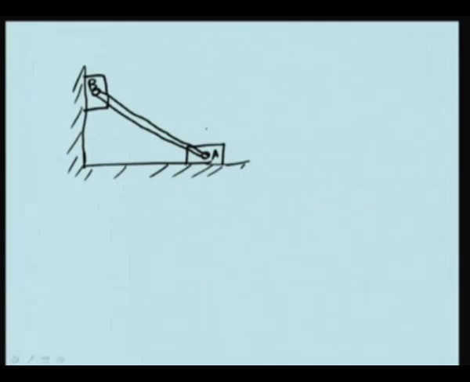Now, how do we find out the instantaneous center of the rod? We know that the point A, which is on the slider as well as on the rod, is having the velocity only in the horizontal direction. So, this is VA. Similarly, another point B, which is on the rod, but since it is also on the block, is constrained to move in the vertical direction.